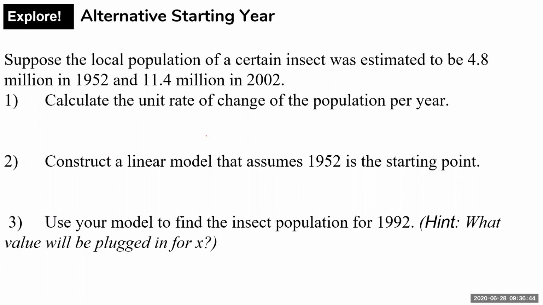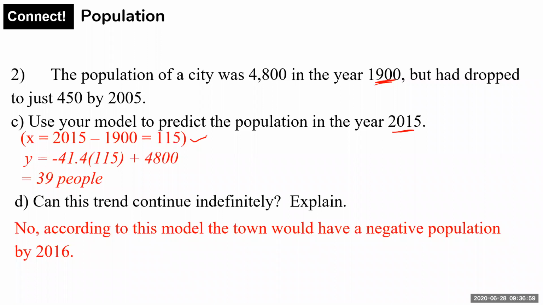Now, we have looked at how you can find the slope and then find a model, right? Now we want to look at an alternative starting year. In some instances, you can decide to plug in the whole year, without doing the year difference. For instance, if you went back to this example, to estimate 2015, we had to subtract 1900 from 2015 to get the year difference and plug that in.